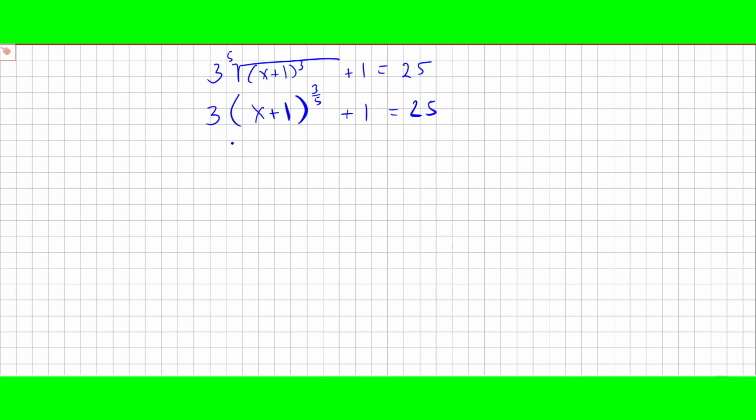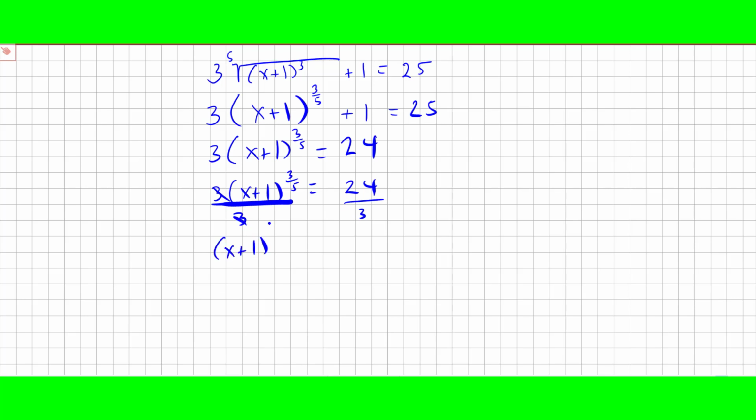That leaves me 3 times (x plus 1) to the 3/5 equals 25 minus 1, which is 24. Now let's divide each side by 3, so (x plus 1) to the 3/5 equals 24 divided by 3, which is 8.